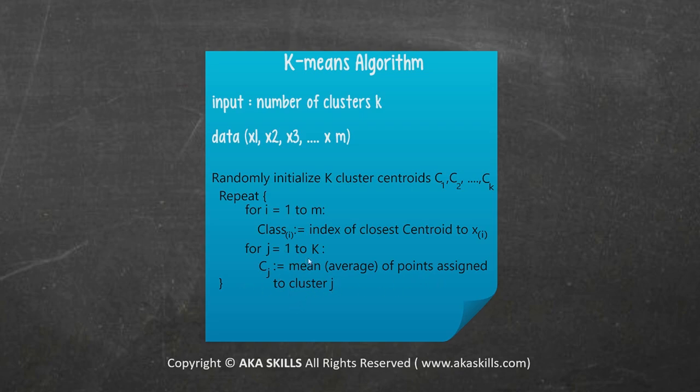Here j goes from 1 to the number of clusters, in our example 3. And simply that's the K-means algorithm. It's a really simple algorithm, and later when we do it in R, it's going to be even simpler to use. So don't worry about that.